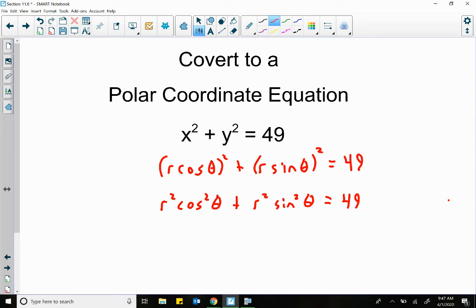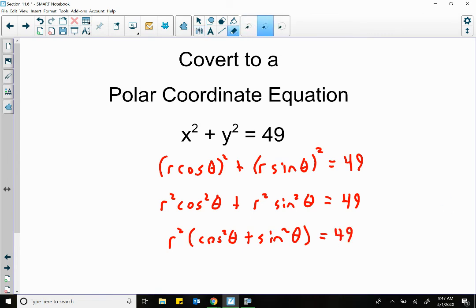So again, just like what we did last time, what do both of these have in common? We've got to get the r by itself. They both have r squared. And then we have cosine squared theta plus sine squared theta equal to 49.